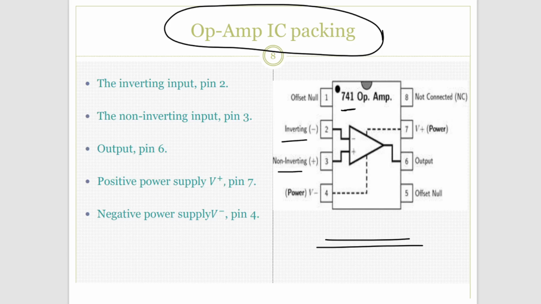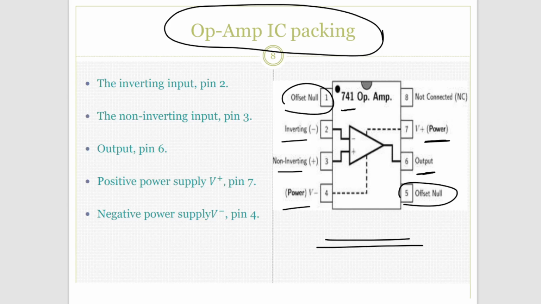We also have the power, VCC, the V plus that goes to 5 volts or 12 volts, though this IC takes 5 volts as a power supply. The V negative goes to the ground, and here we have the output. This is called offset null, and this is also called offset null.